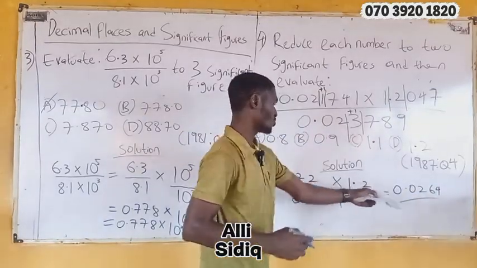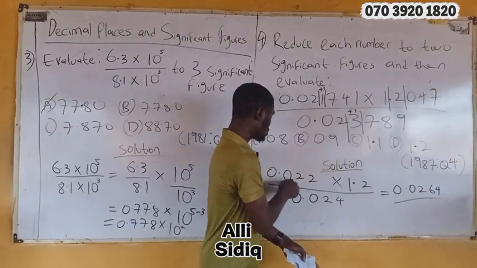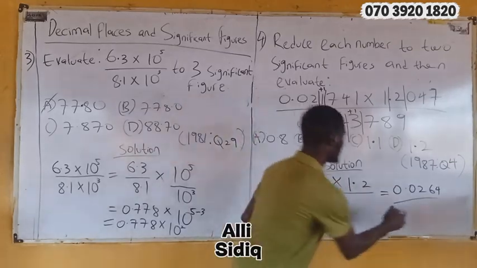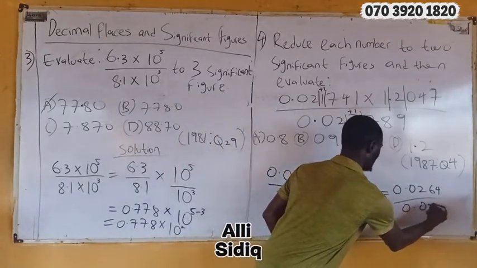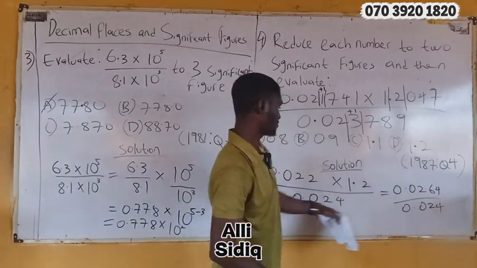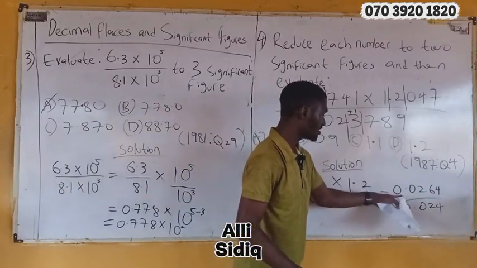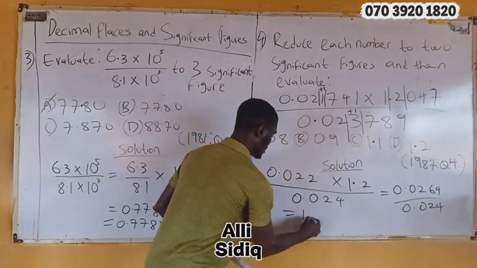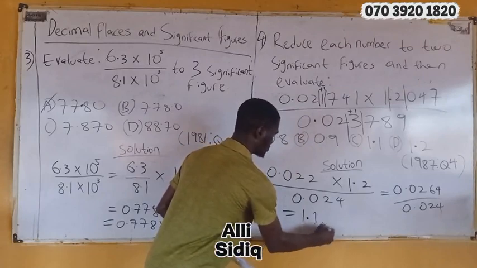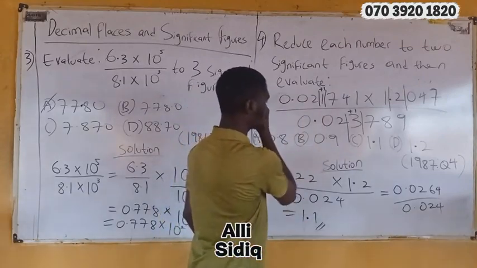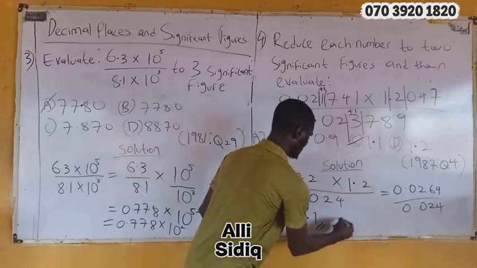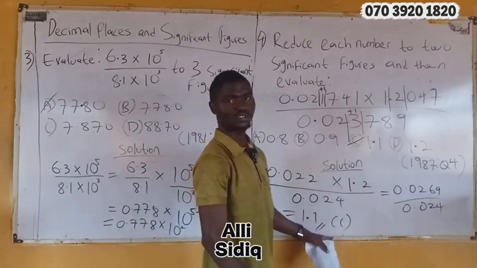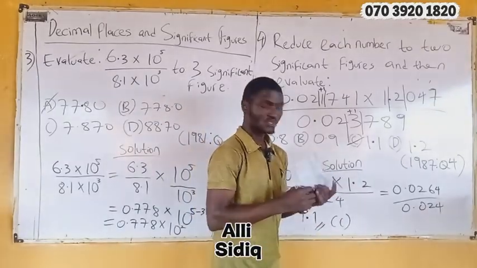Multiply 0.022 times 1.2, you get 0.0264 over 0.024 that we have here. So when you divide this by this, your answer gives you 1.1. Then 1.1 is option C. That's my final answer. Option C.